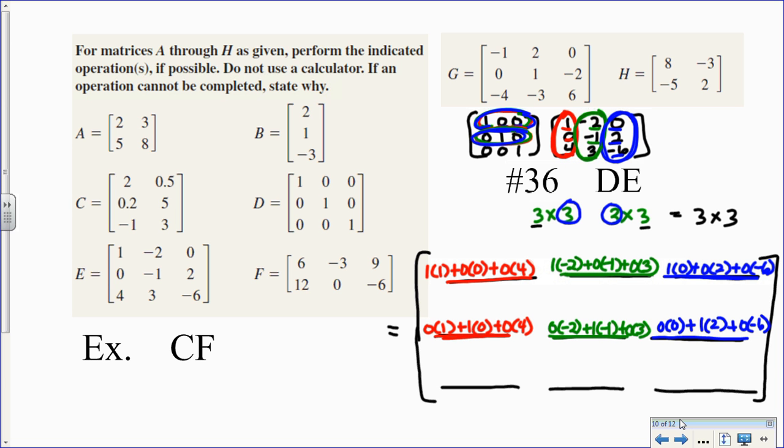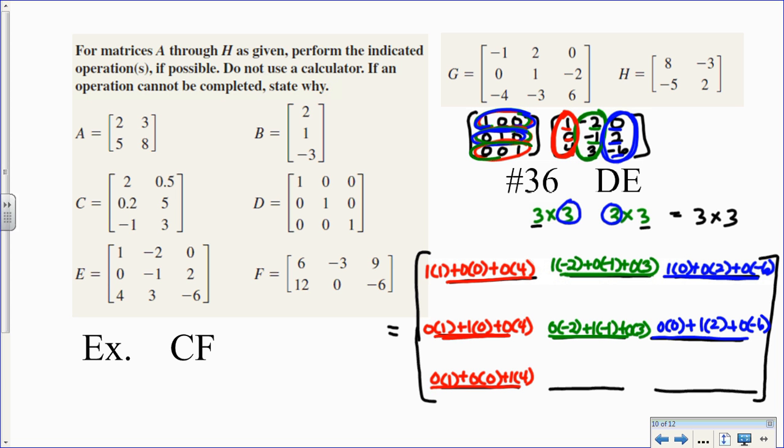And then now I'm down to the third row. So third row, first column here. So 0 times 1 plus 0 times 0 plus 1 times 4.